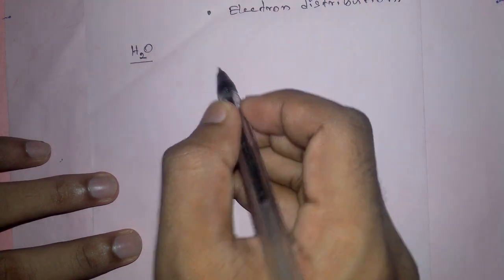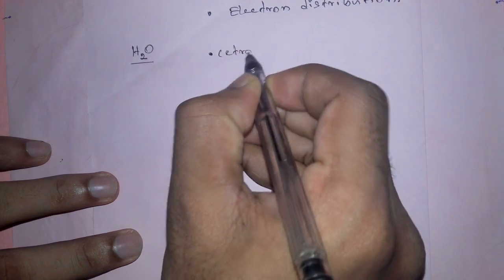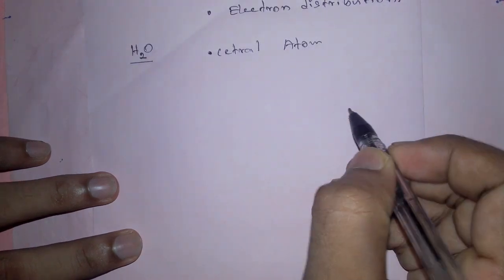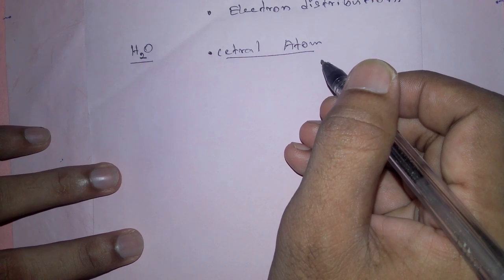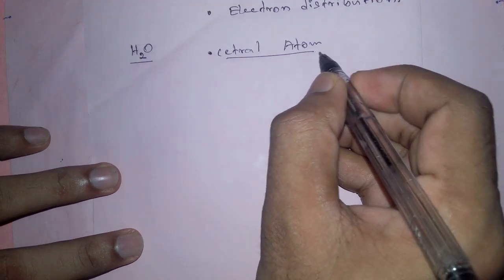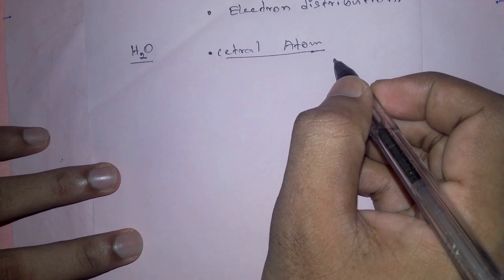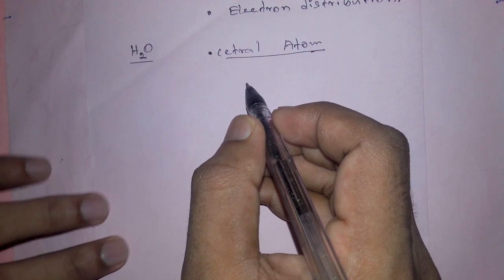Very first thing is identification of central atom. Central atom is the atom which has lowest electronegativity, or the atom which has the ability to form multiple bonds.